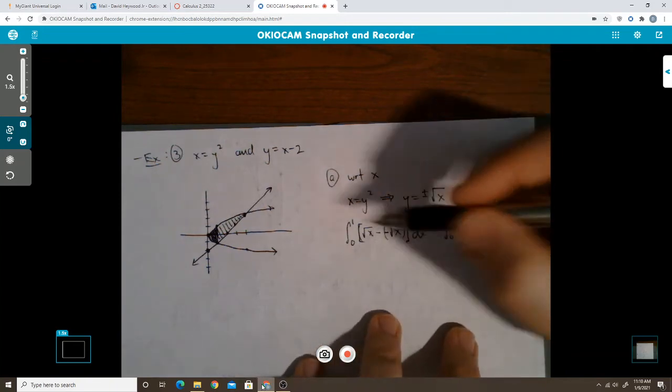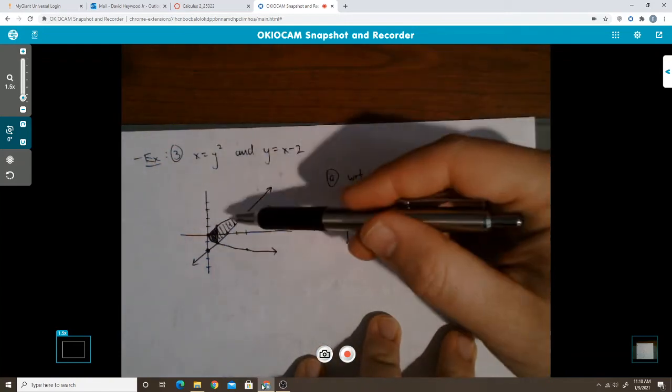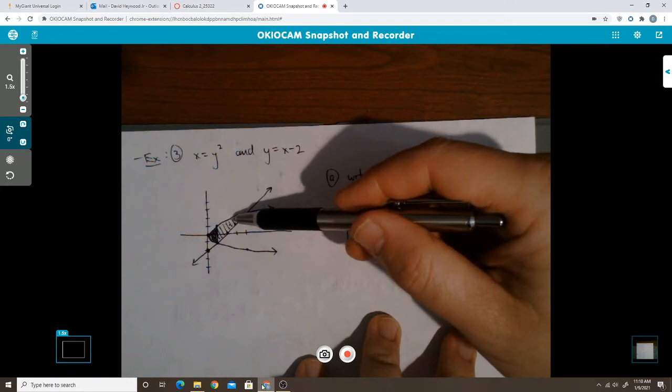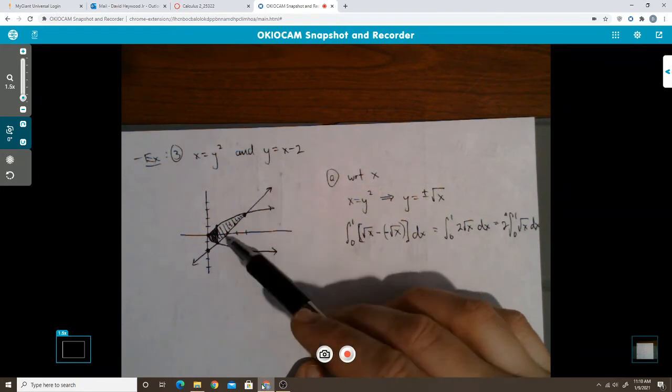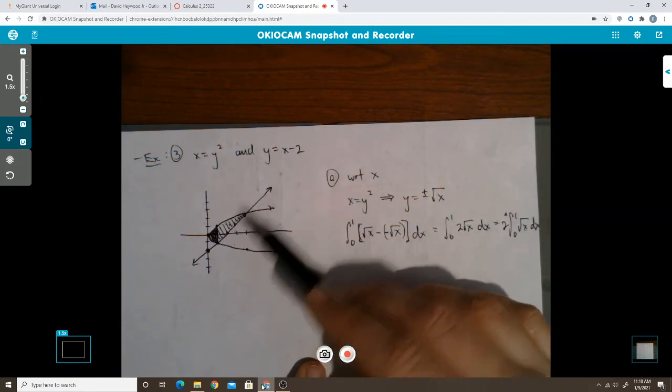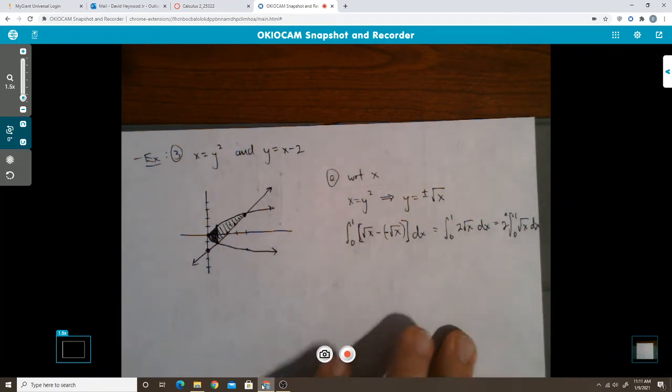So I'm going to do this for this first little chunk, and then for the second chunk, I'm just going to do square root of x minus, what was this? x minus 2. So square root of x minus (x minus 2).